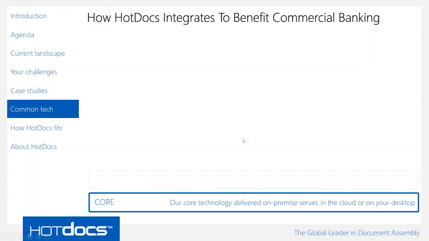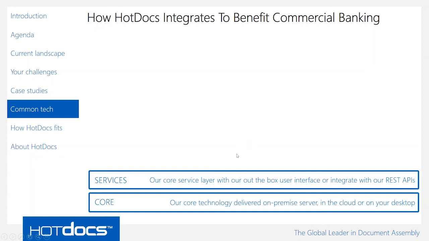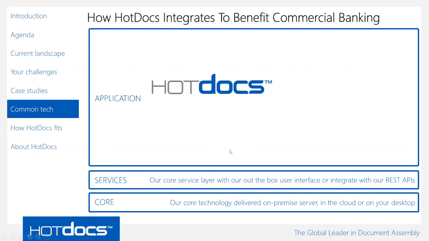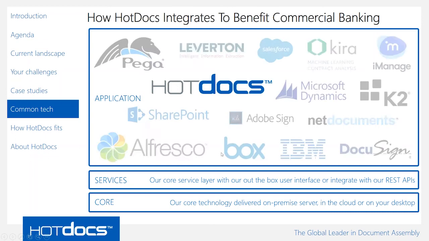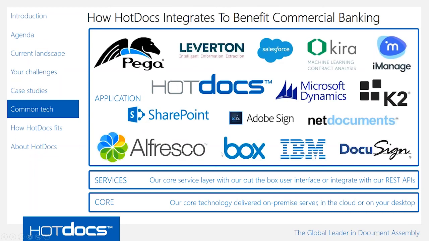So our technology itself, how does it all fit together? Well, we have our core technology. We assemble documents. We create documents as part of our technology, and we have lots of services on top of them that allow you to integrate our technology with other best-of-breed systems. So you've got things like Pega Workflow, IBM BPM, K2, and Microsoft technologies like Dynamics for your CRM, SharePoint for storage, DocuSign for e-signatures, and more.